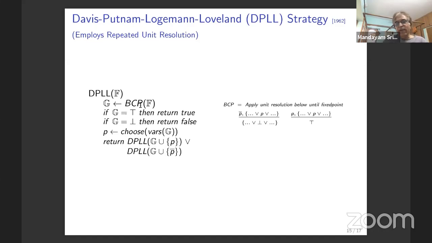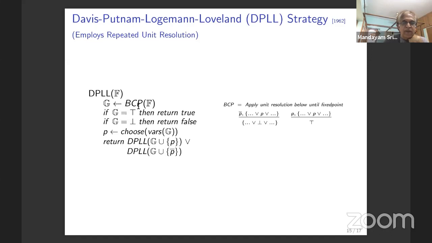The way to look at it is, you plug in the valuation implied by unit literals, the unit clauses, and then you simplify. So the DPLL procedure is biasing towards repeated unit clause propagation.